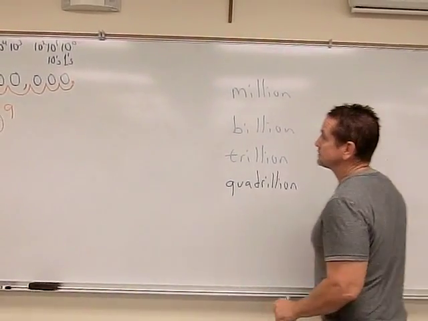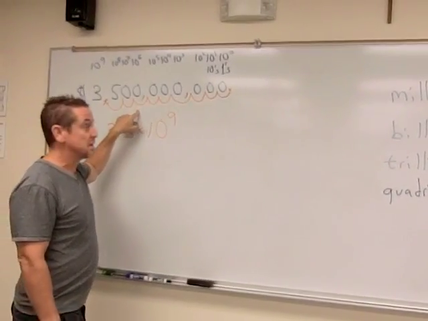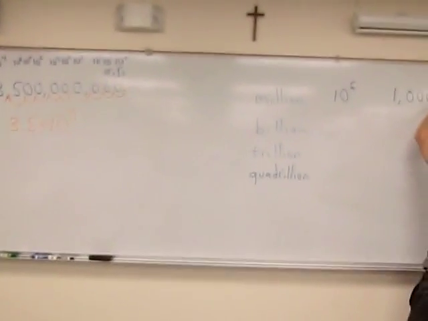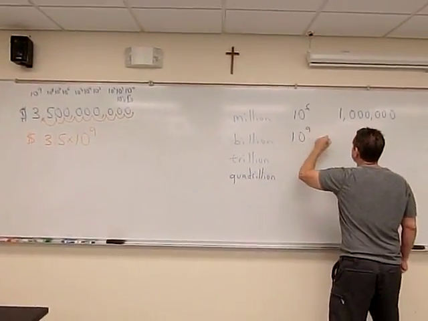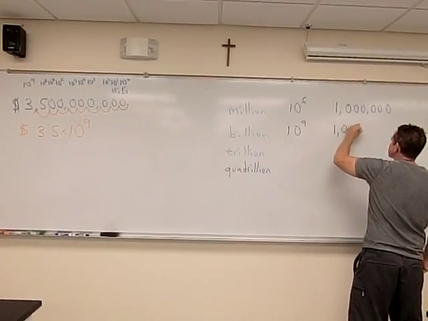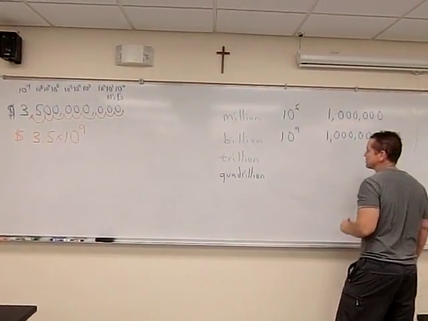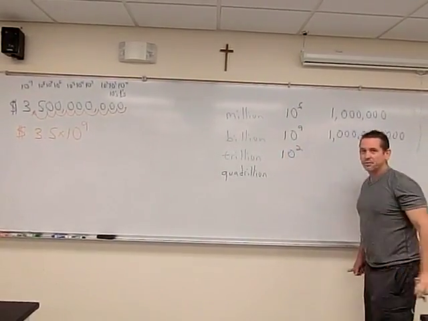So a million is 10 to the sixth, which, I'll write it out here, has 6 zeros. A billion is 10 to the ninth. It has 9 zeros. I'm soon going to get tired of writing these zeros. A trillion is 10 to the 12th. Not going to write those.